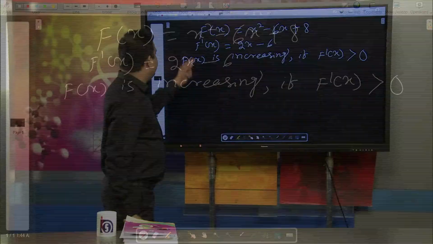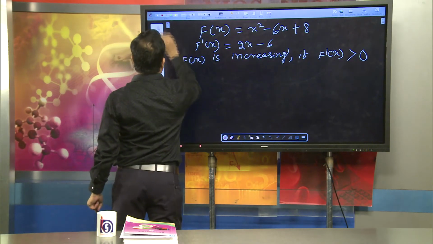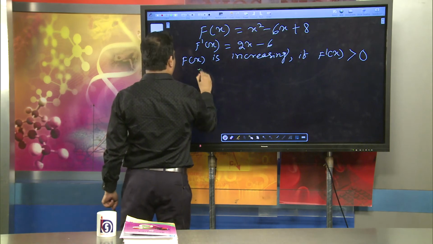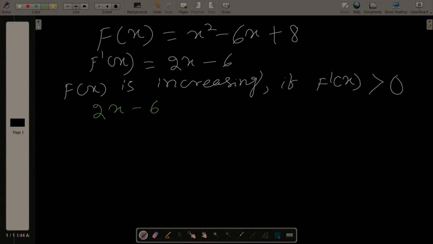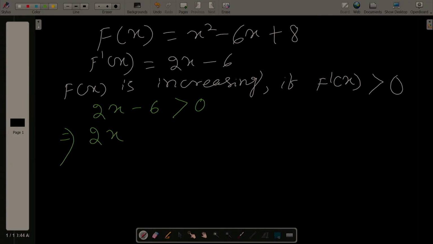So f dash x greater than 0, that means very simply 2x minus 6 is greater than 0. I can write 2x greater than 6, minus 6 becomes plus 6. Again I can write x is greater than 6 by 2, so x is greater than 3.